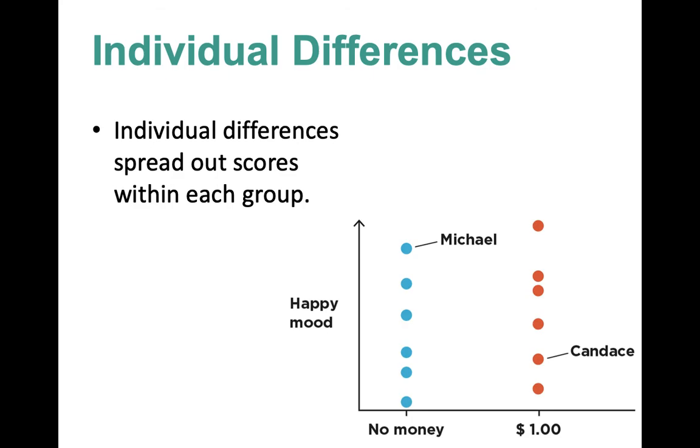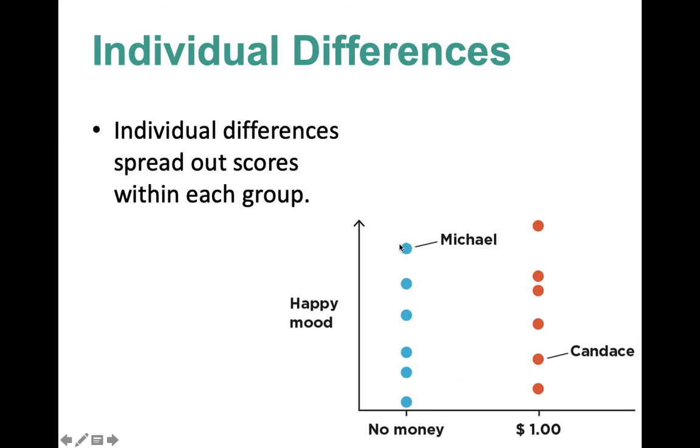Another thing could be socioeconomic status. Some people are rich, some people are poor, and receiving the money is going to influence people that are poor much more than it would influence somebody that is well-to-do. So it could be the case that we've just got individual differences here. It could also be that we have individual differences in people's baseline level of positive affect.